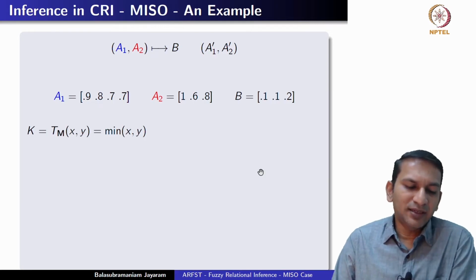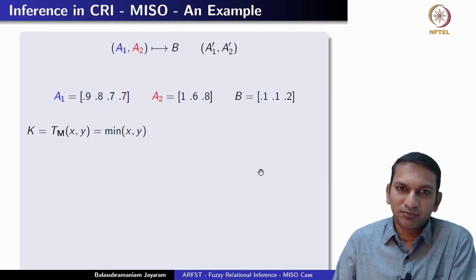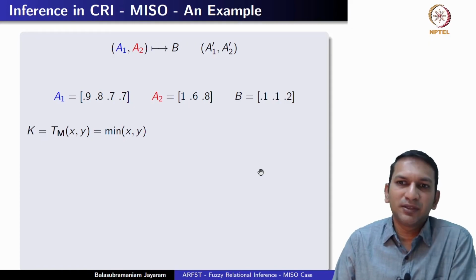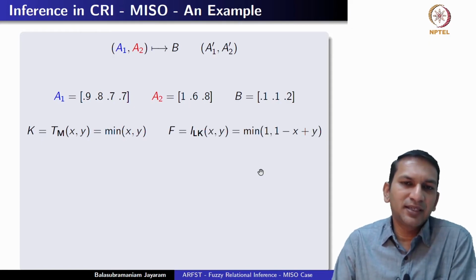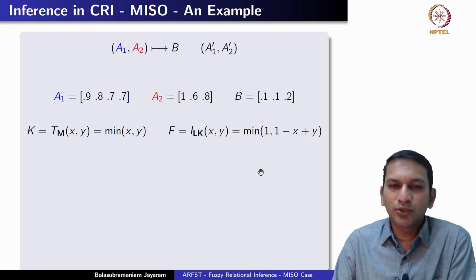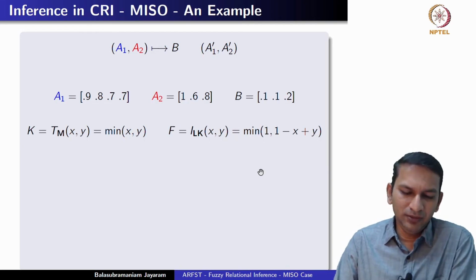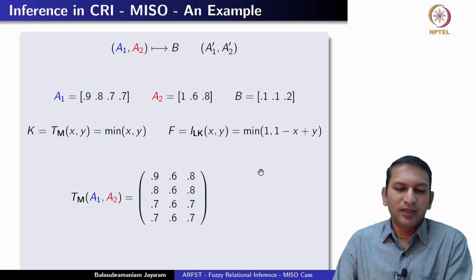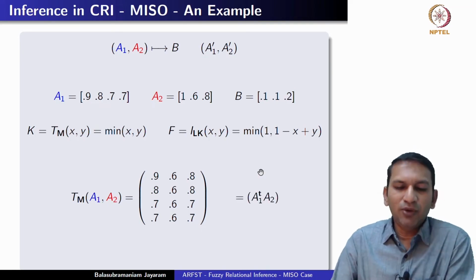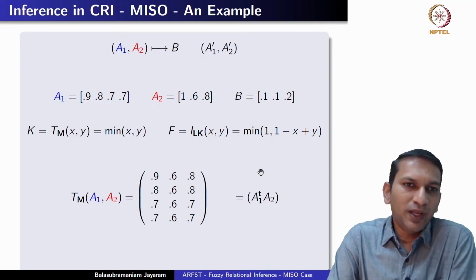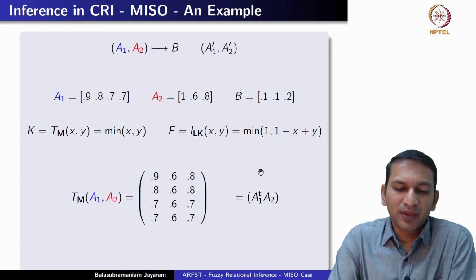For the antecedent combiner, let us use the operation min, just to keep the working example simple. And to relate the combined antecedent to the consequent, let us use the Lukasiewicz implication. Now, combining a1 and a2 means what? Essentially what we have done earlier to obtain the relation from the rule.